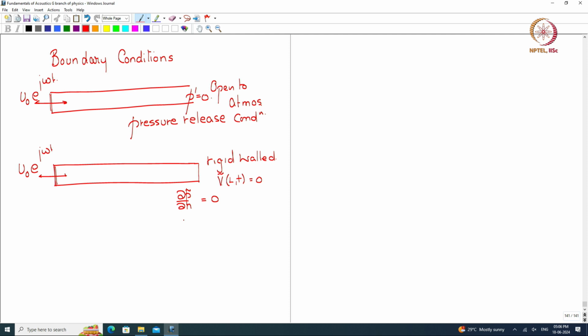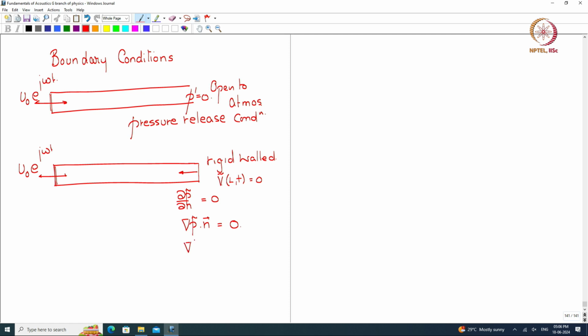So which means what, we have a gradient of pressure, okay, and we take a dot with n such that it is the normal, that is equal to 0. Okay.